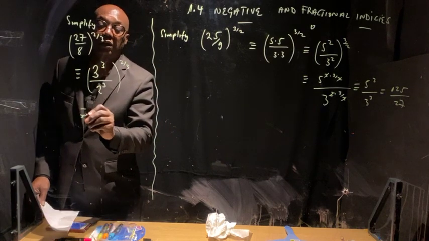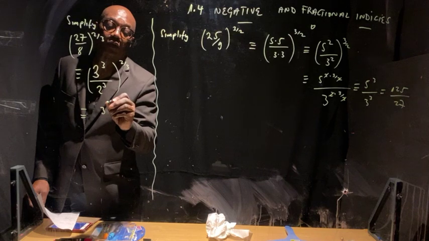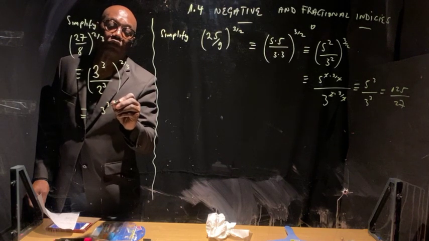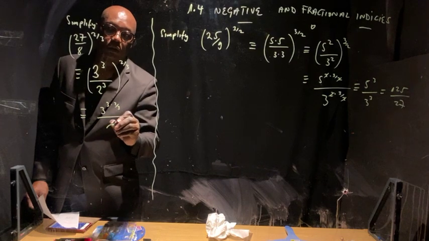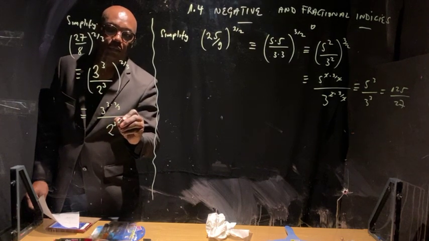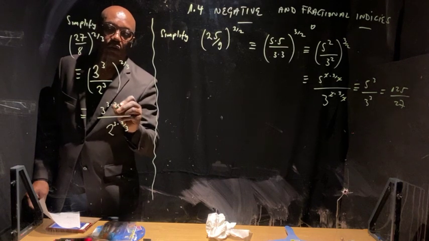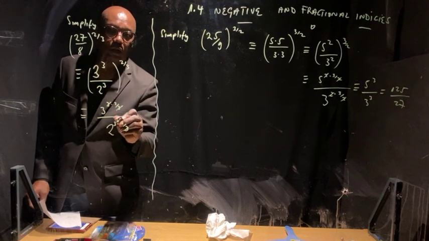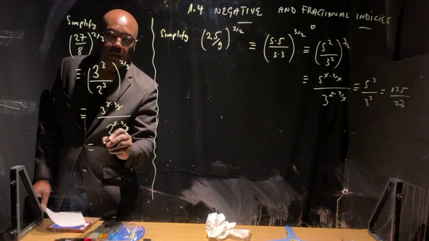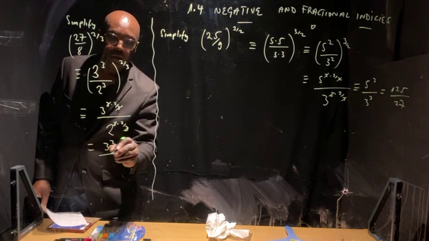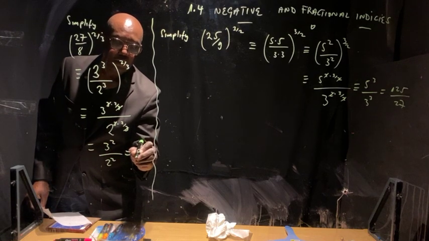The 3 and the 1/3 cancel, and you are left with 3 squared over 2 squared, which is 9 over 4.